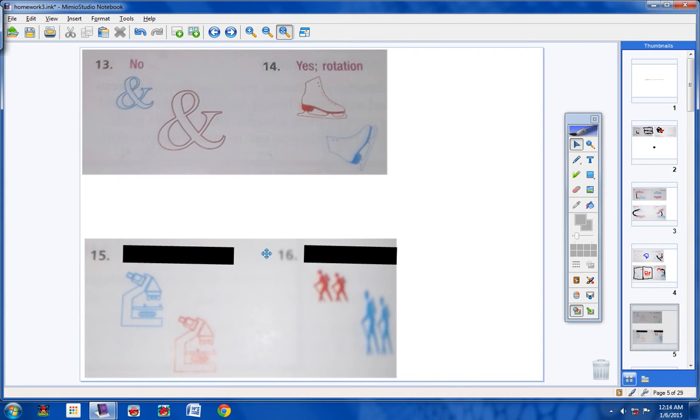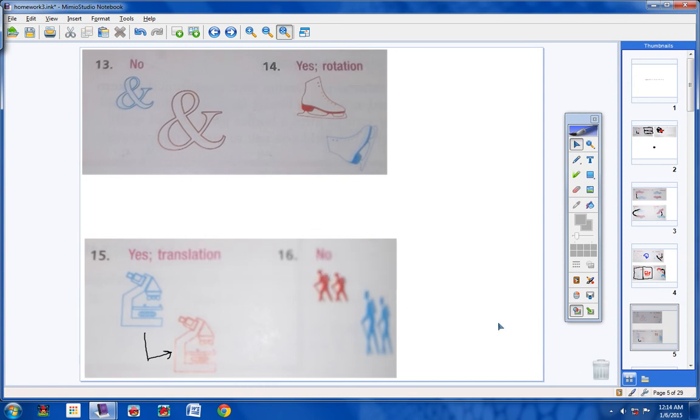Okay, number 15. This is a rigid transformation. The pre-image and the image have the exact same shape and size. And notice it's not been flipped, twisted, or turned. It's moved down and then it's moved over. So number 15 would be a translation. And then number 16 obviously is not a rigid transformation.